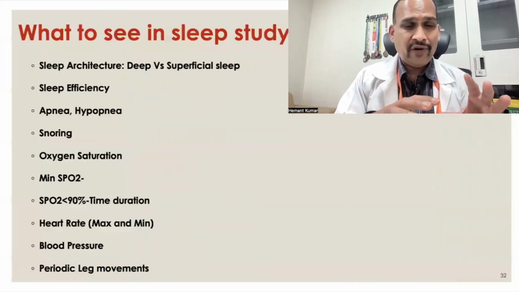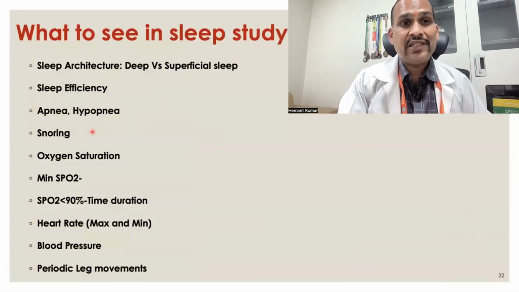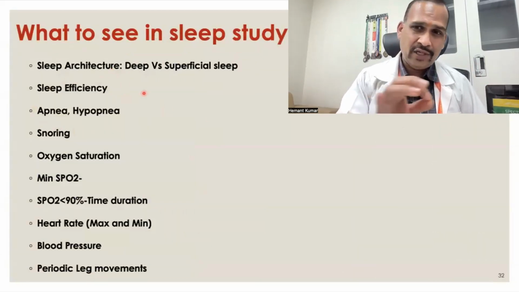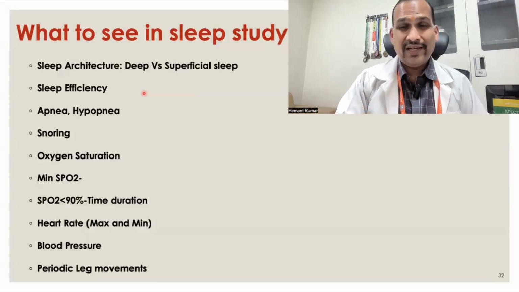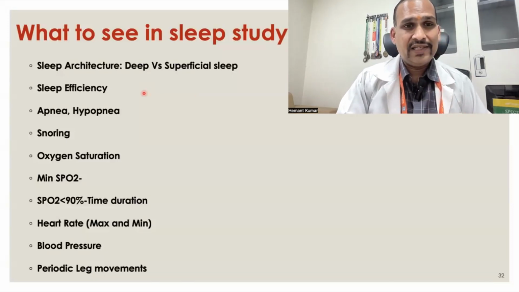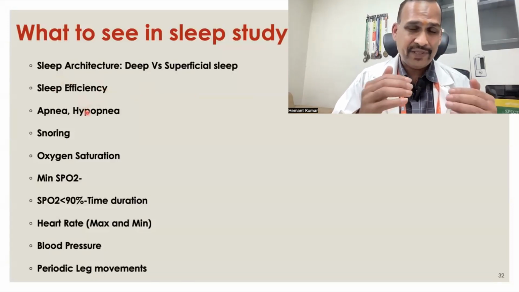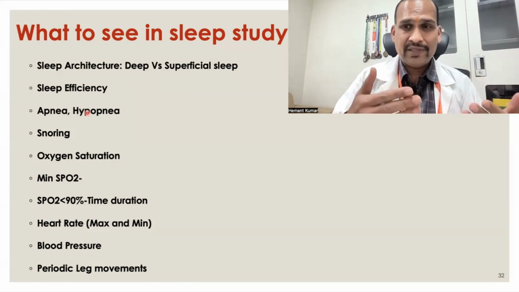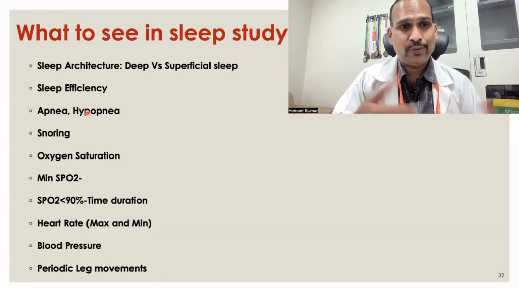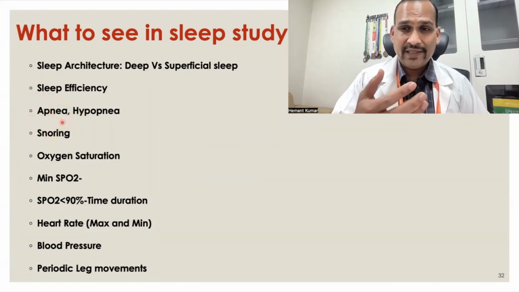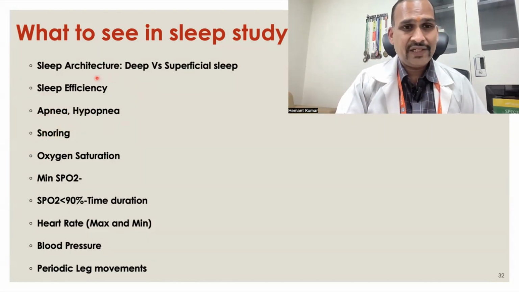So what do we have to record? We have to see the sleep architecture: whether non-REM sleep is more, REM sleep is more, and at what time which sleep is more. Sleep efficiency: how much time the patient is awake, how much time in deep sleep, superficial sleep. How much apnea, complete blockage of air, reduction in airflow, hypopnea, and snoring the patient is having, and because of apnea and hypopnea, how much dip in oxygen saturation.